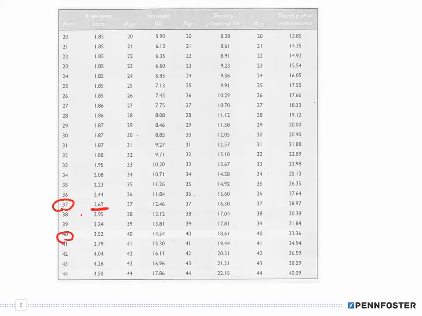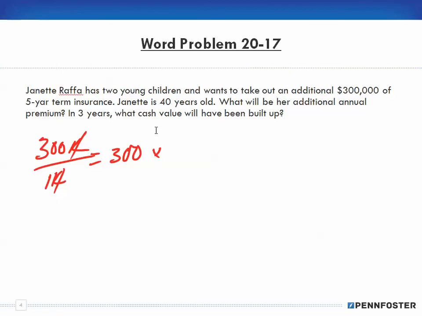And we're looking under the 5-year term. And we come out with 267. So I take the 300 and multiply it by 267, and that gives me an annual premium of $801. Okay, so that's what our annual premium will be.